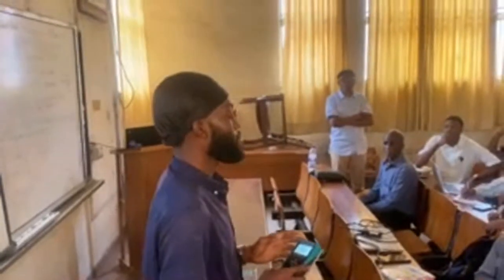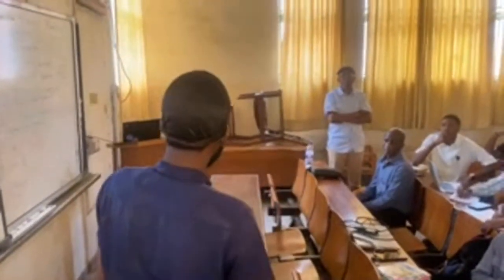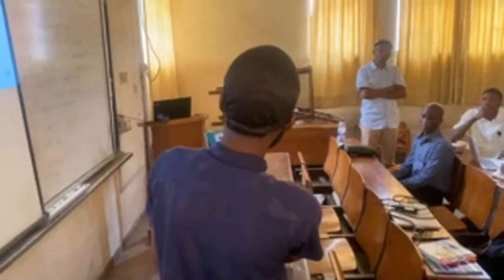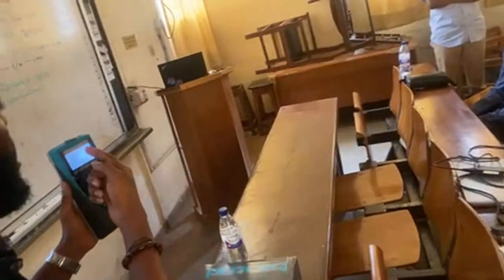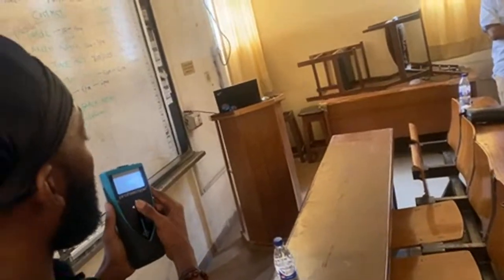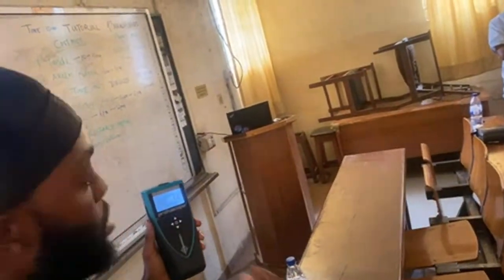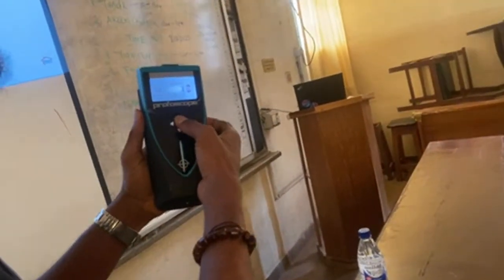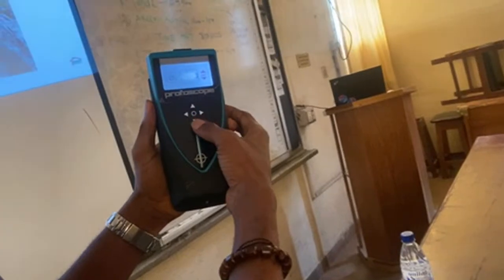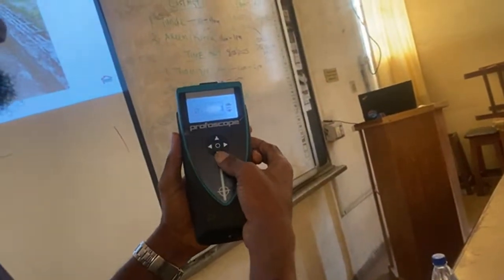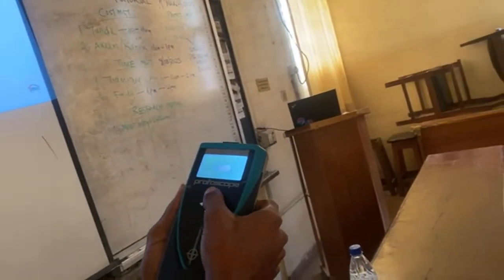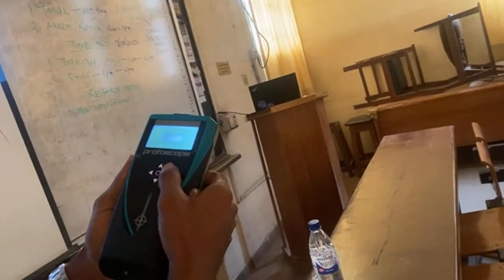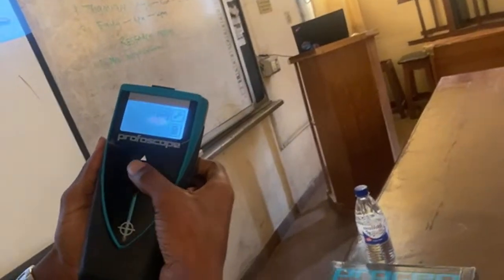You understand? So these are the functions. This is a function for the size of the rebar. Let me show you, I'll come to this side. So we have 14 mm, 16 mm, 18 mm, 10 mm. Then this is the sound.